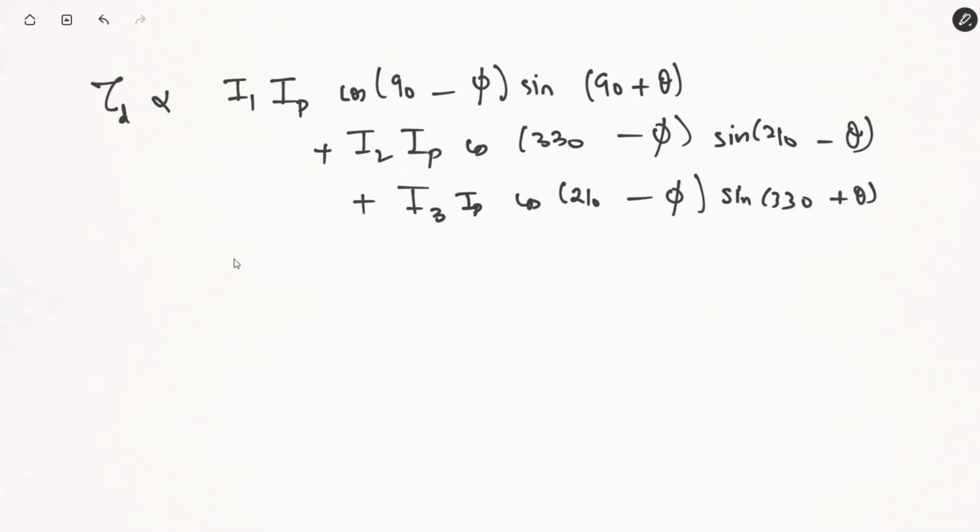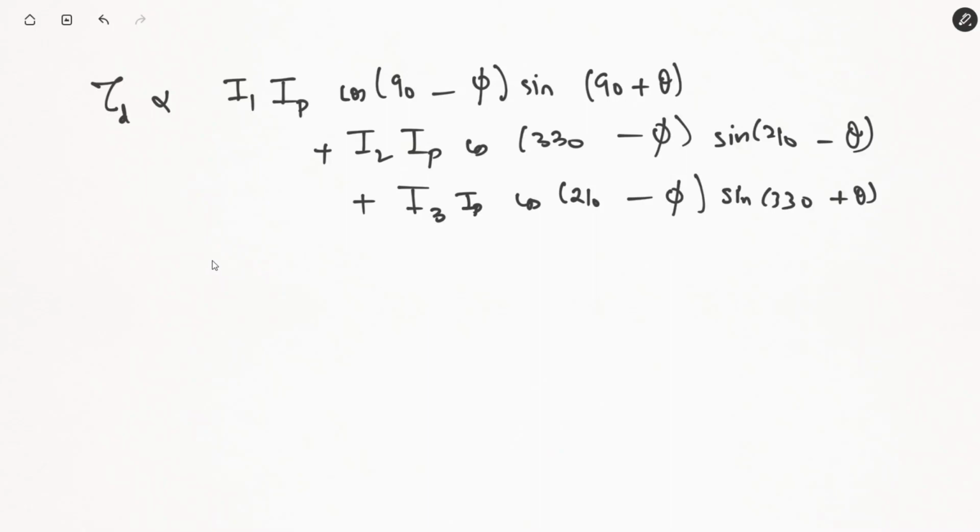So this is your total deflecting torque, proportional to the individual currents flowing through the three different coils, as well as the current flowing through the pressure coil, the interaction of the currents through the different coils and the pressure coil.